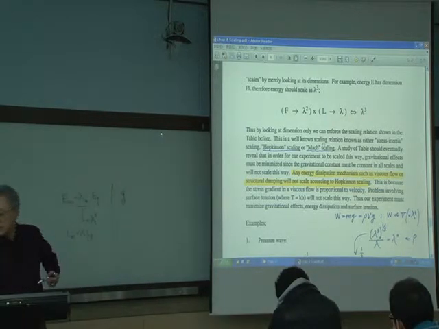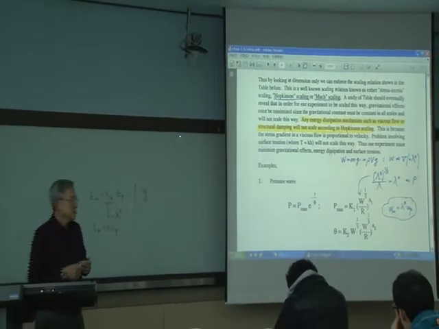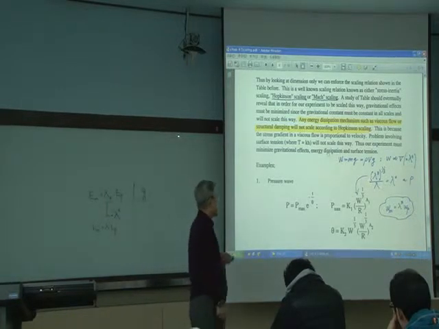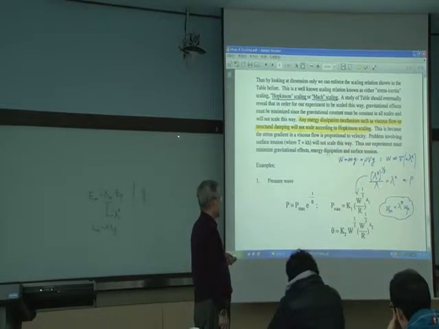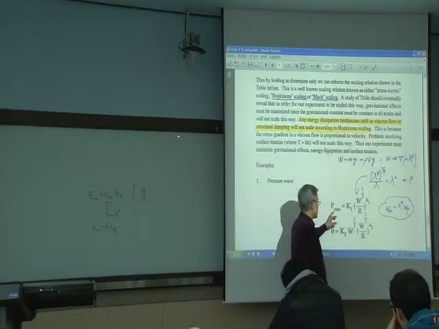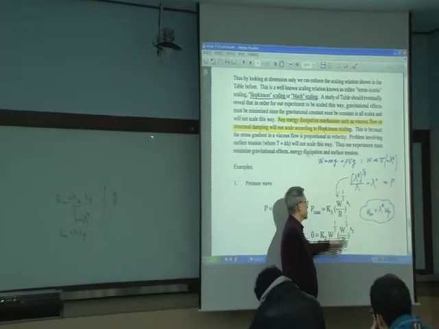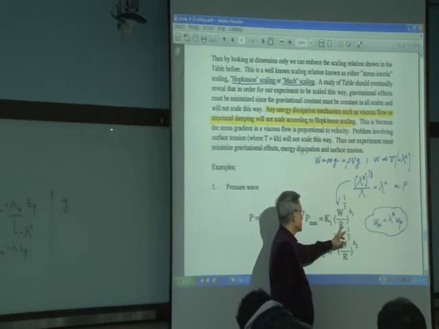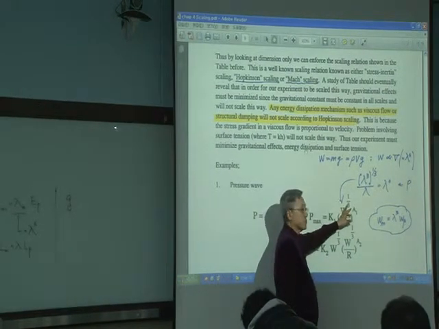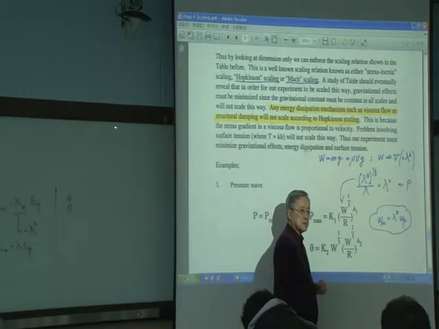So one of the empirical relations is like P max. P max is the maximum shock pressure, equal to K1 times standoff distance and W, the charge weight, to the 1/3 power, to the A1 power, things like that.